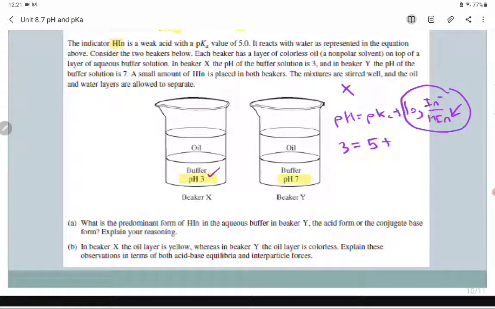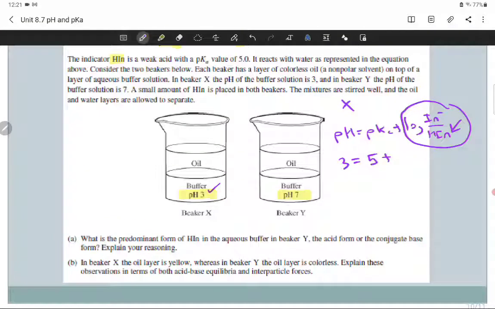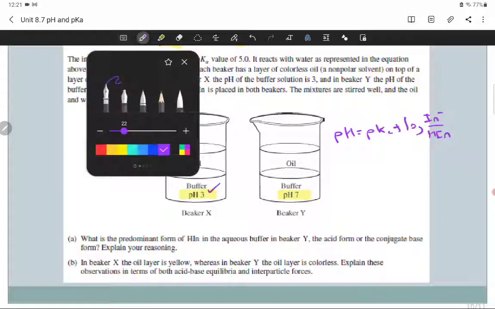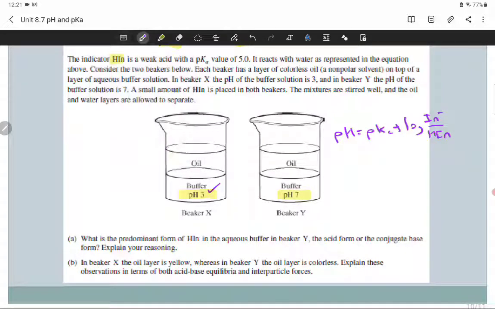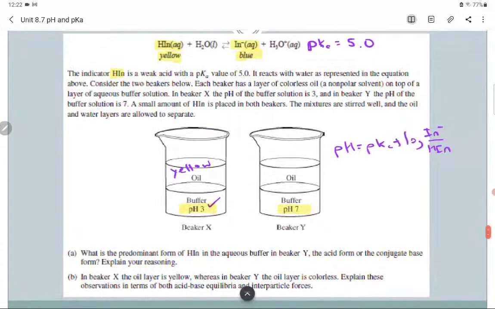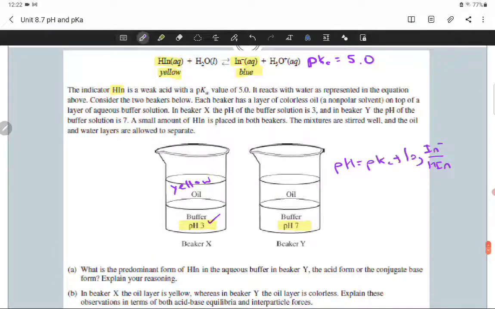Question B. So let's erase some of this stuff here. Okay, beaker X. Well, actually, it's about beaker X and beaker Y. The oil layer is yellow, so let's put that in there. So what's yellow? That's the HIn. So that means the HIn is in the oil layer.